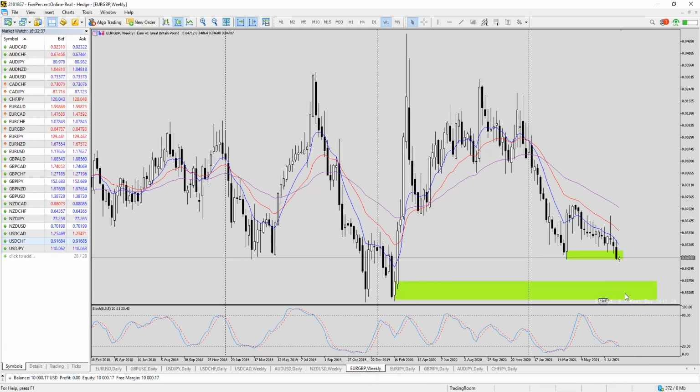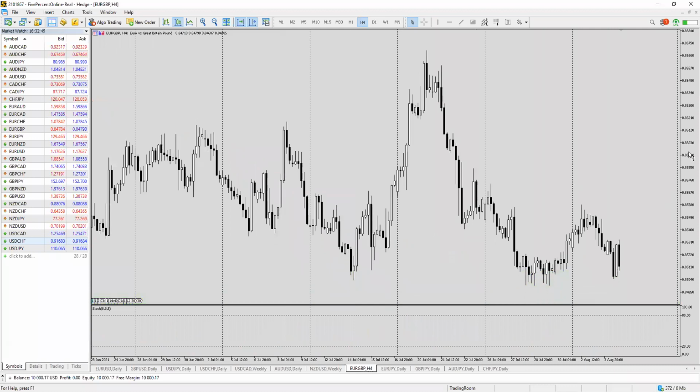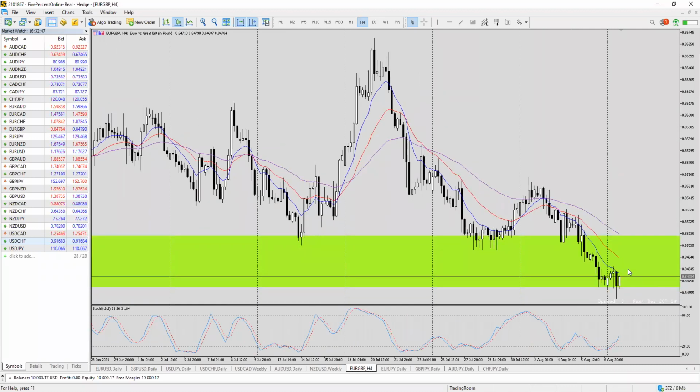It's a wide demand zone on the weekly chart. So if you're looking to go short on euro pound, make sure first to enter at previous resistance or previous supply. So it could be somewhere around here.